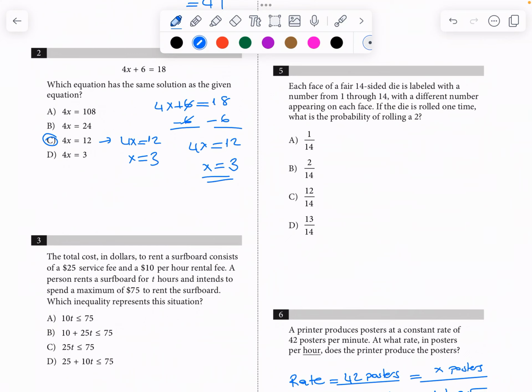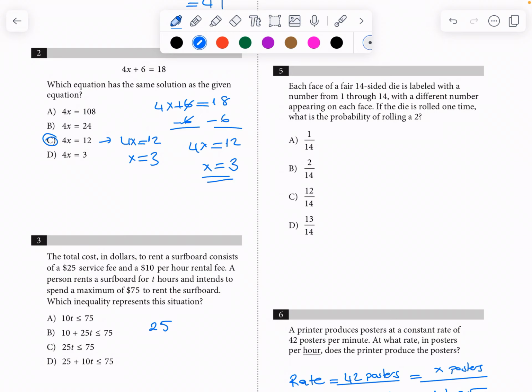Next question. The total cost in dollars to rent a surfboard consists of a $25 service fee, which will be a constant number in our inequality, 25, and $10 per hour rental fee. A person rents a surfboard for 3 hours and intends to spend a maximum of $75 to rent the surfboard.